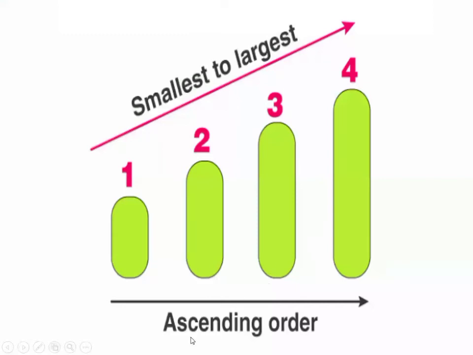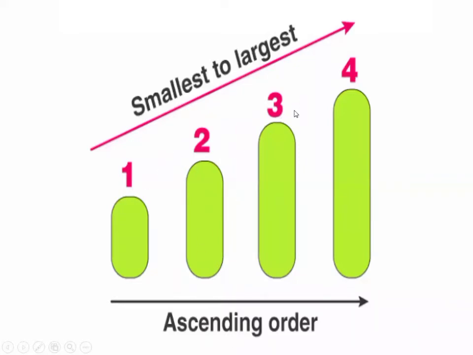Now we learn about ascending order with the help of this diagram. Here the first number is 1. 1 is the smaller number. So in ascending order, we start with the smaller number. Then we move towards the largest number. First we write 1, then 2, then 3, and then 4.